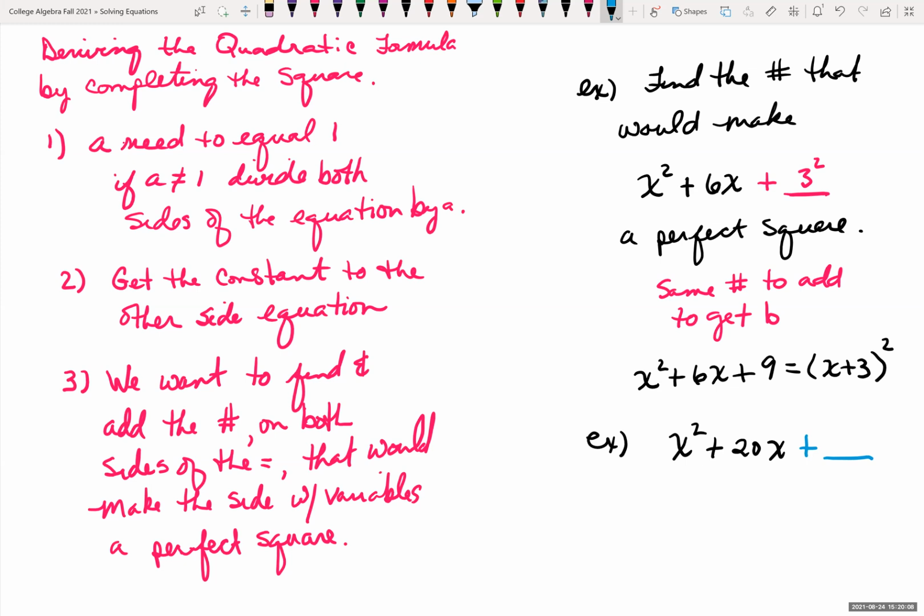So 10 plus 10 is 20, and then 10 times 10. So we know that number that will make this trinomial a perfect square, we would have to add 100. So x squared plus 20x plus 100, which is factorable as x plus 10 times x plus 10, or x plus 10 quantity squared.